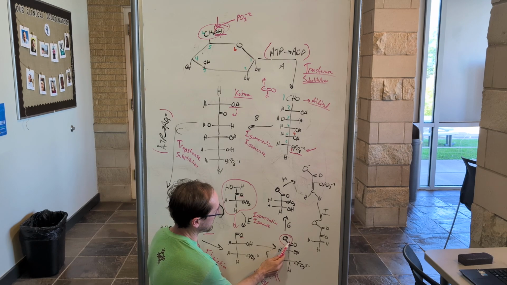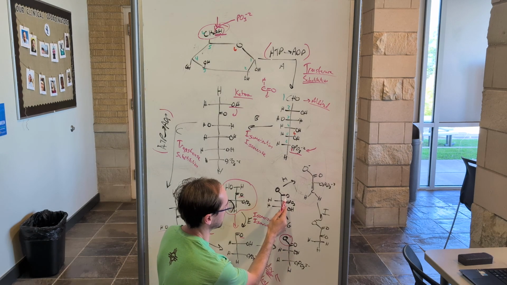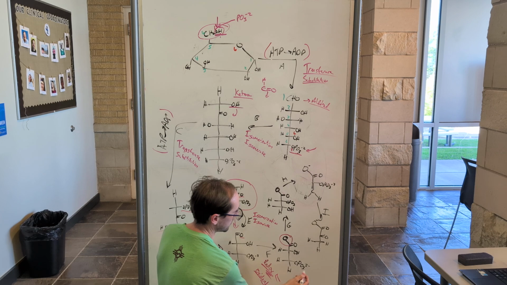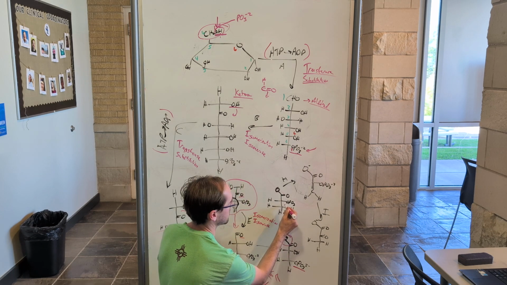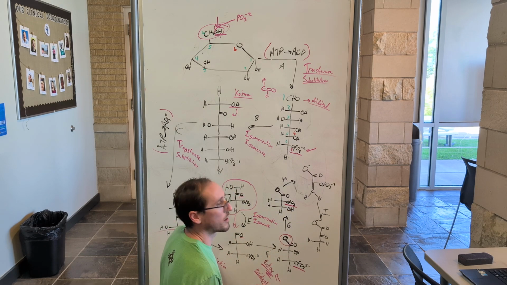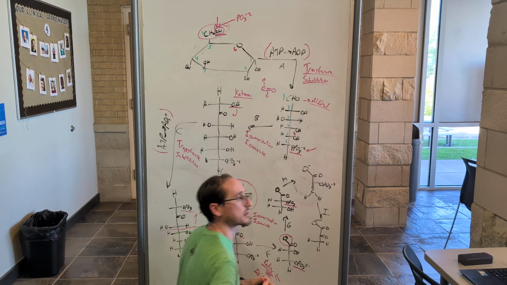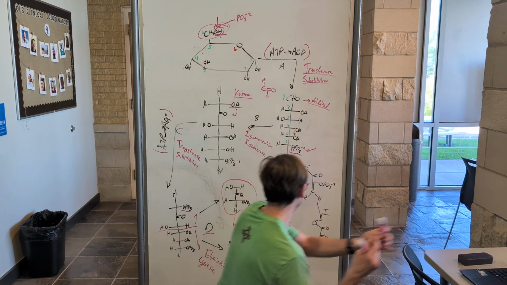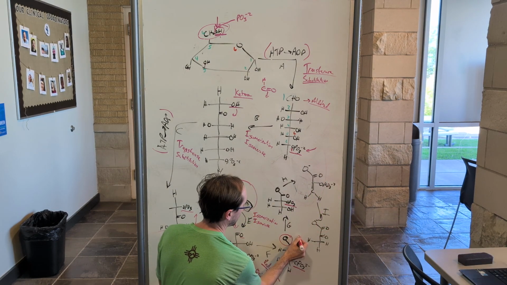So now that we've added this oxygen, we're gonna look at what we're doing next. We're seeing that we're moving this here. And I think in the process, it has ADP to ATP involved in here.